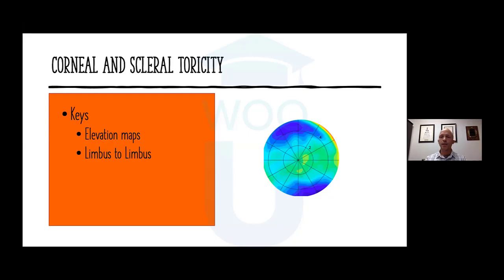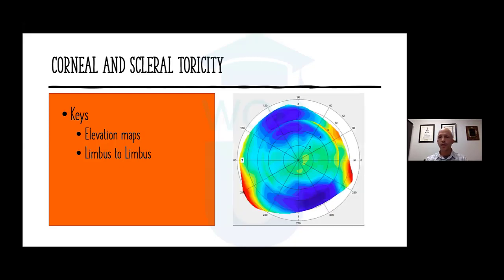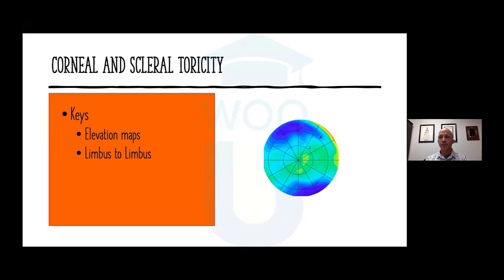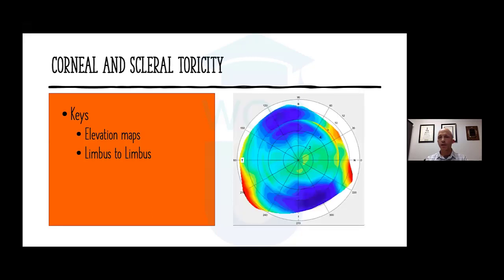If we superimpose the scleral elevation map, which is out to 20 millimeters, we can see this puzzle piece effect. We have the cornea and then the sclera, and we see a continuation of the steepness from the limbus of the cornea out onto the sclera.